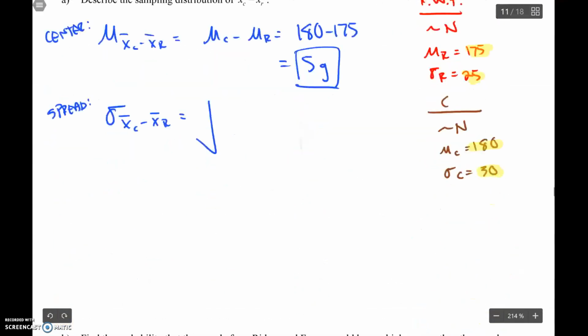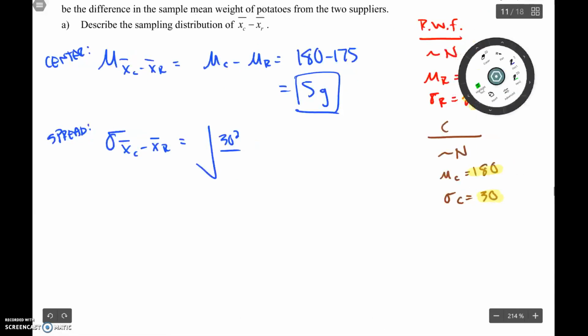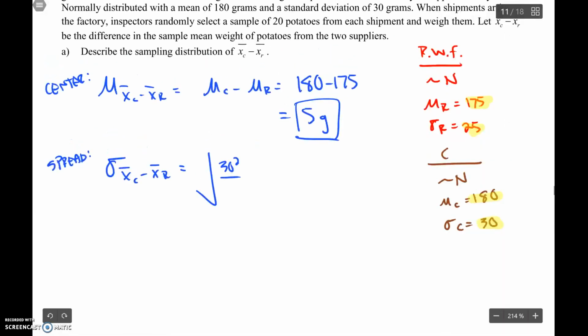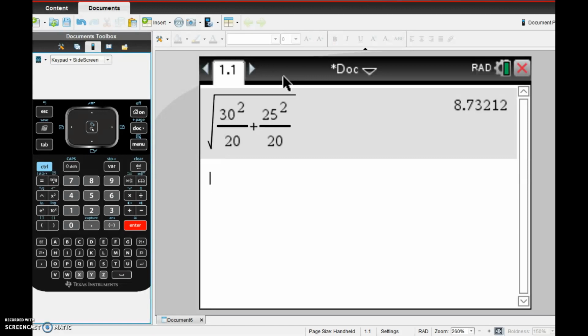For Camberley, it's 30 squared over 20, I think both of these sample sizes were 20, I didn't write that down, plus the other standard deviation squared over 20. Put that in my calculator. Control Enter. 8.732.